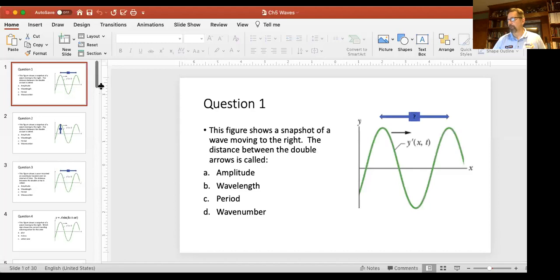In order, we'll go right to there, and I should be able to launch the poll. And I expect 8 out of 8 here, and everybody should be right. What is the distance between the ends of the blue arrow there?